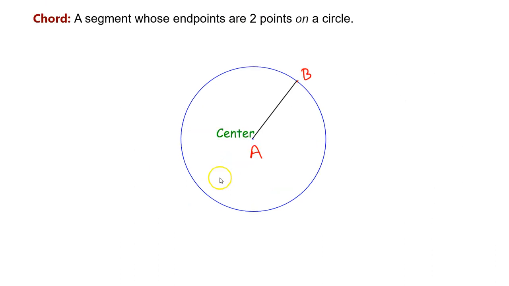Okay, now the next word in circles is a chord. What is a chord? A chord is a segment whose endpoints are 2 points on the circle. That is, just take any 2 points on a circle.